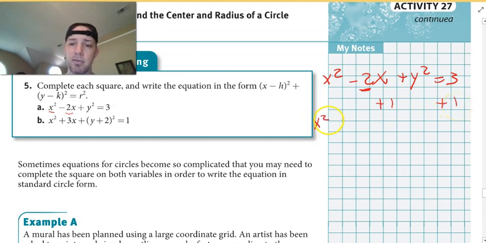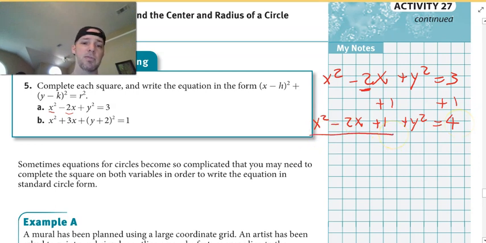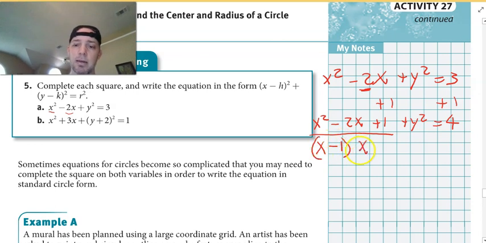And now I have x squared minus 2x plus 1 plus y squared equals 4. And the whole point of doing that was so that I could rewrite this as x minus 1, x minus 1. So the two factors are just going to be x and then whatever half of b is, minus 1.